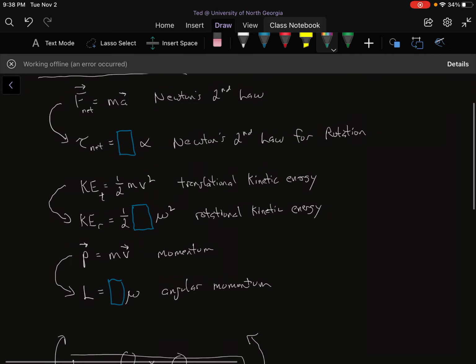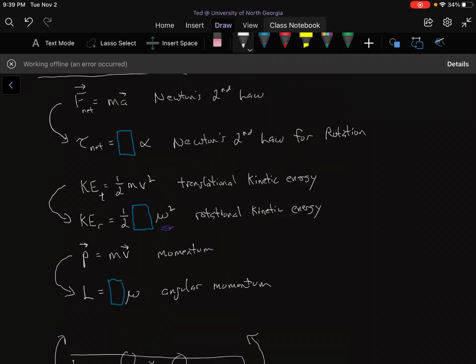Similarly, we've talked about kinetic energy, 1/2 mass times velocity squared. So when we have a moving object, it has kinetic energy. Well, if we have a rotating object, it should also have kinetic energy. And again, the formula is going to be very similar. We're going to have 1/2, something that represents a thing like mass but for rotations, and then the angular velocity, that is how fast it's rotating.